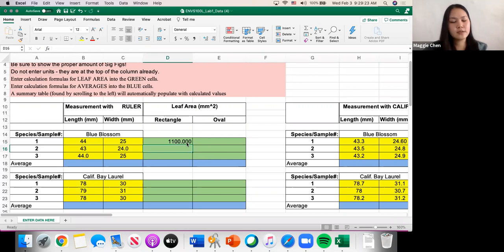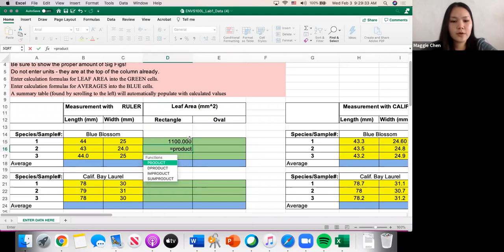There's a couple of different ways along with just multiplying it like that. You can also start again our equation with our equal sign, just type in product, and different functions would pop up on a drop-down bar. And this very first function, product, would multiply this and get our leaf area for us.